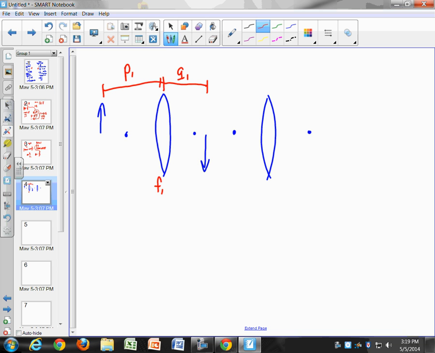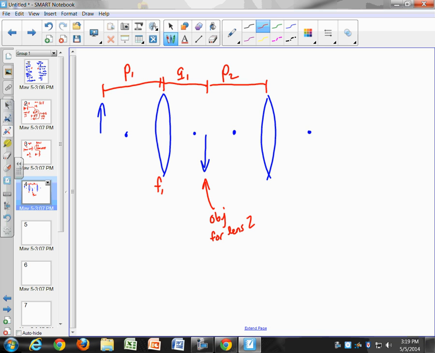Just from the lens equation, I can calculate Q1, and we can work through some problems like that if y'all need some help with that. And then I want to treat this image as the object. So this becomes the object for lens 2. And then it just becomes another lens problem. So I'm going to treat this distance as P2.